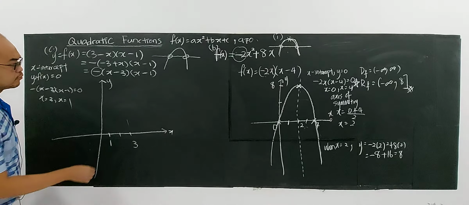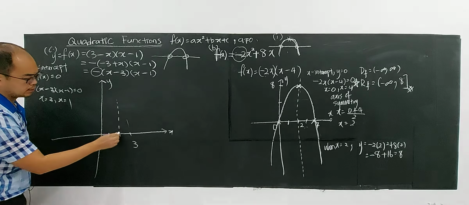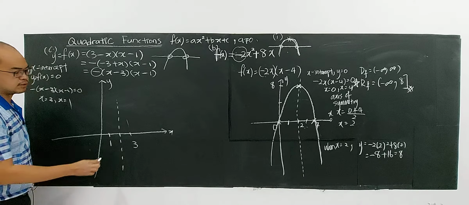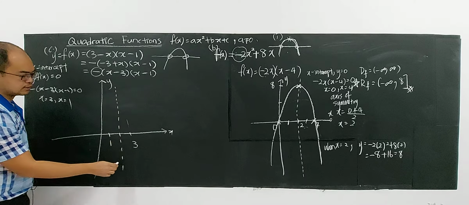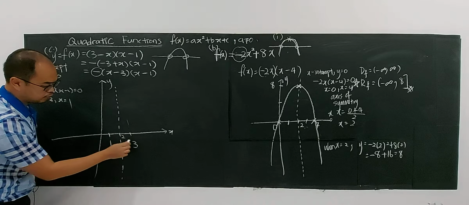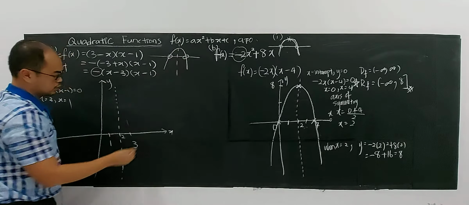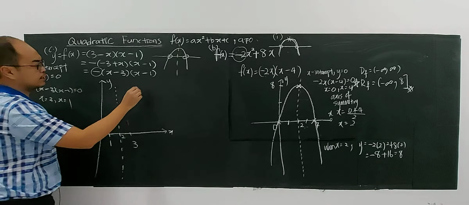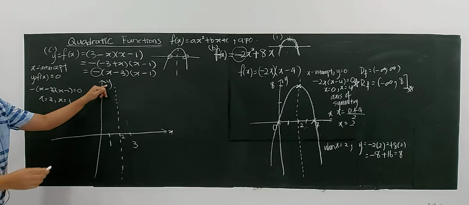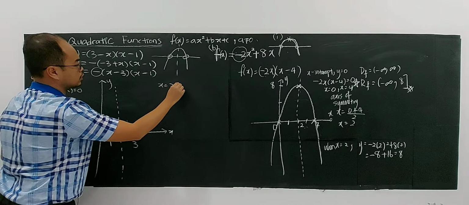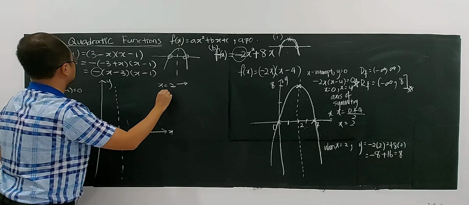So how to find the maximum value? The axis of symmetry will be the midpoint between 3 and 1, right? So I don't need to show how to find the axis of symmetry. It's the middle between 3 and 1, the intersections here. So you know it is 2. So to find the maximum value of y, you have to substitute x equals 2 into the y here.